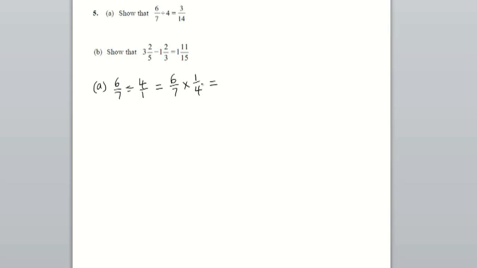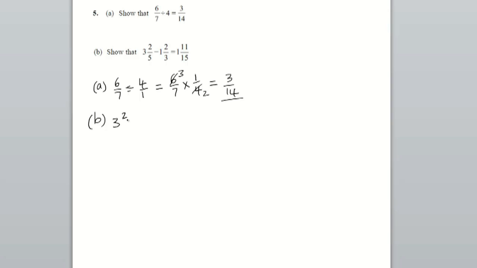I can cancel at this stage. 2's go into that twice. 2's go into that 3 times. That gives me 3/14 straight away, and it's convincing. Decimals are never a convincing way of doing these sort of questions.